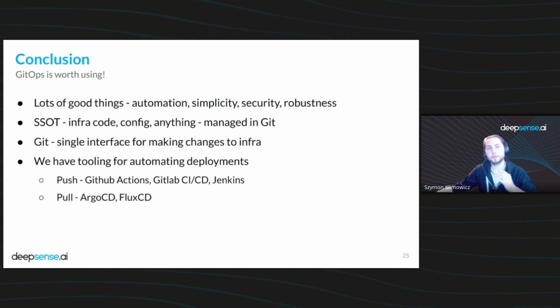So we're having infra code configuration to it, anything that pertains to infrastructure managed in Git. And because of that, of course, Git is the single interface for making changes to the infrastructure. And we have a lot of cool tooling for automating deployments. For push approach, we have the standard CI/CD tooling like GitHub Actions, GitLab CI/CD, and Jenkins, of course. And for the pull approach, we have tools like the ArgoCD I just showed, or FluxCD.